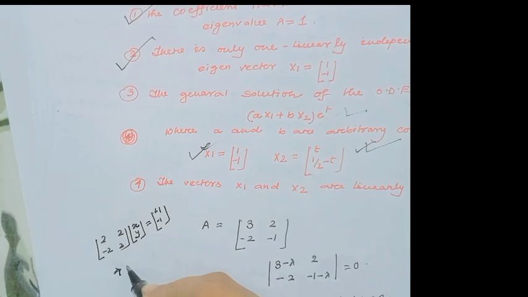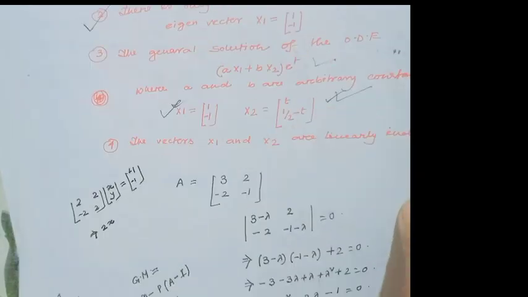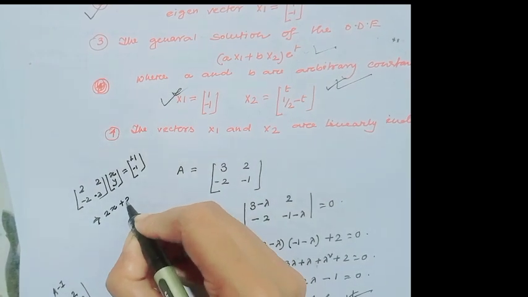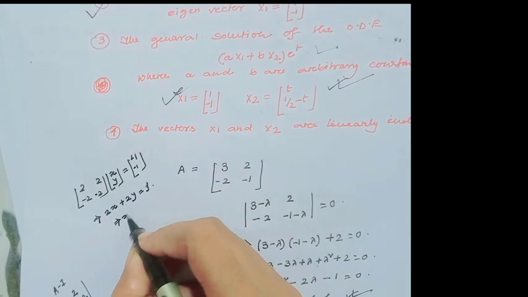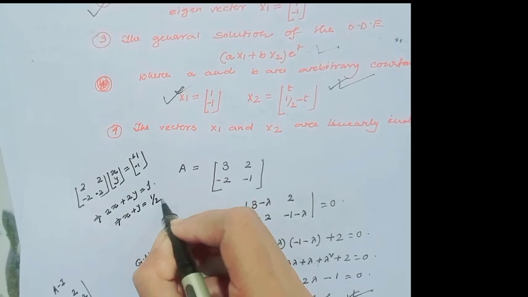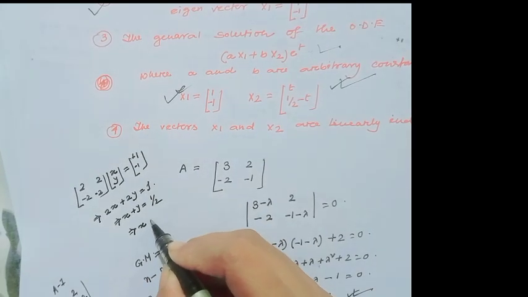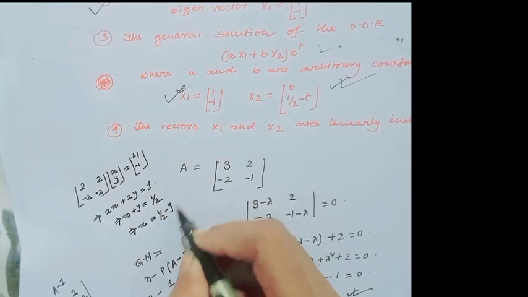Then this would be 2x, here minus 2, 2x plus 2y equal to 1. That implies x plus y equal to half. That implies x equal to half minus y.